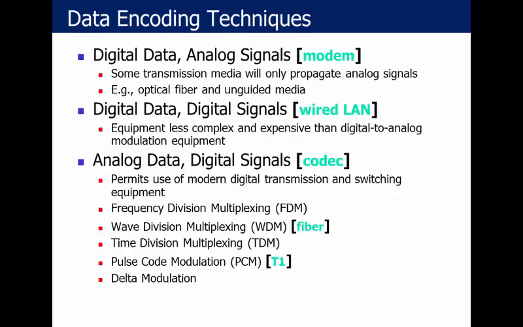It's not a problem, right? So the techniques are well known so far. For example, a modem is the device that can handle digital data over analog signals. And wired LAN, like Ethernet, is digital data over digital signals.